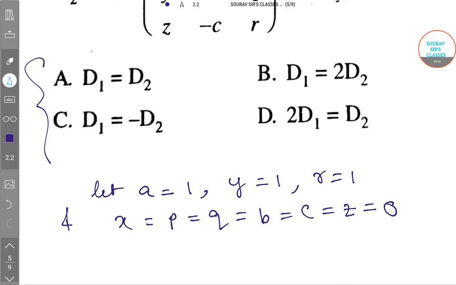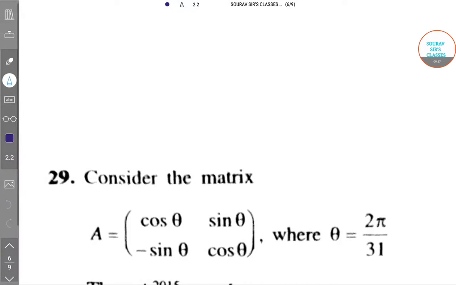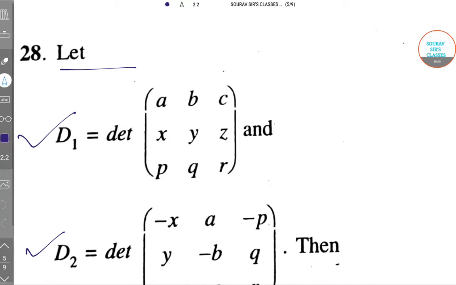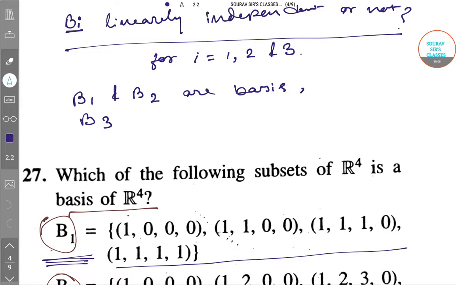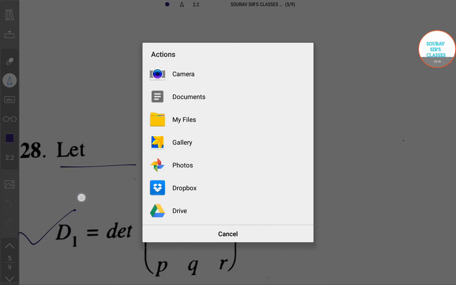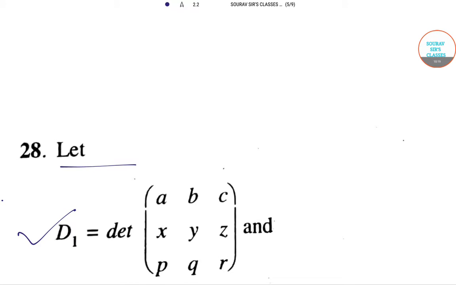Let me insert a page for you. We can write D1 as the matrix with rows 1 0 0, 0 1 0, 0 0 1.